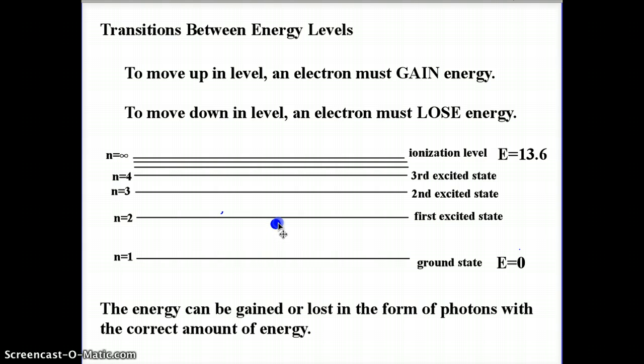If I have a photon that has exactly 10.2 electron volts of energy, the electron can absorb that and it can jump up in level. Or if it wants to go down from here to here, it can get rid of 10.2 electron volts of energy by giving off a photon of exactly that amount of energy. So the way we have transitions between energy levels is by interacting with light, by absorbing or giving off photons.